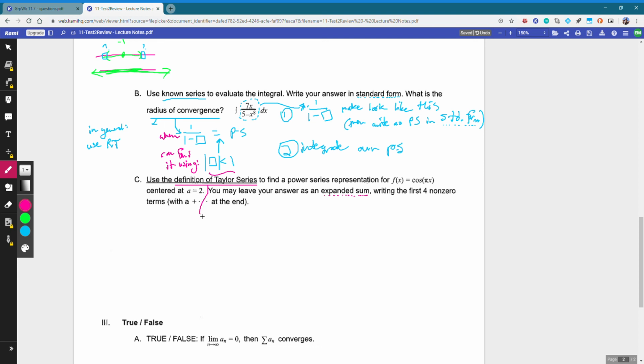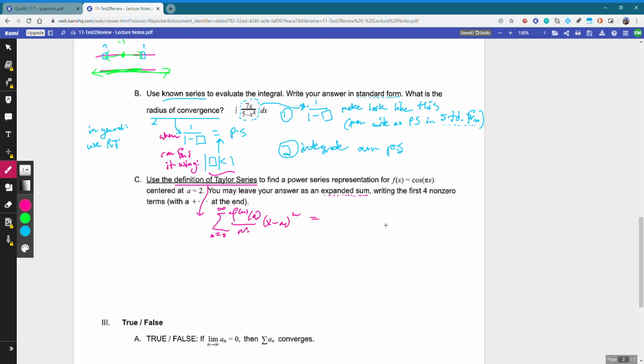And so the idea here is the definition of Taylor series. We know that our power series representation looks like this: the nth derivative evaluated at our center over n factorial times x minus a to the n. That's our standard form summation notation version of this thing.